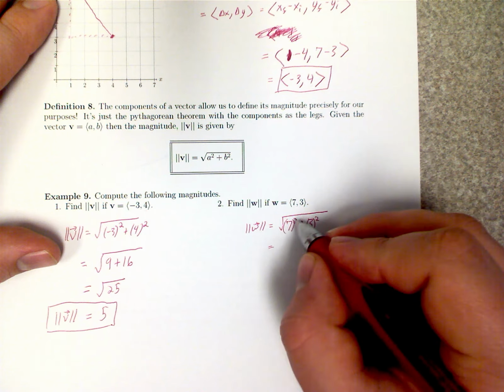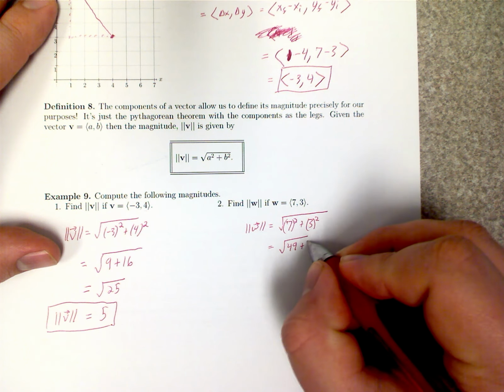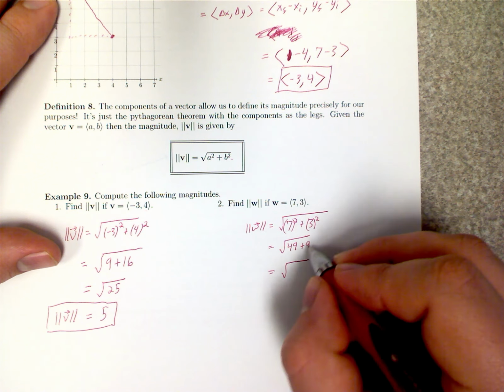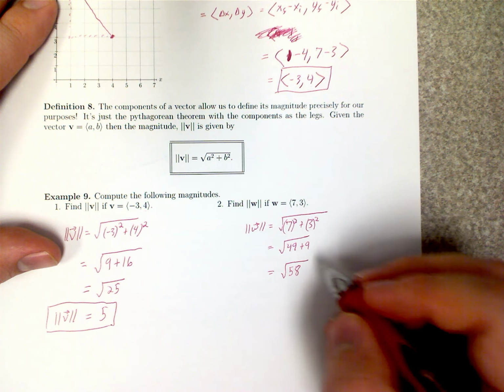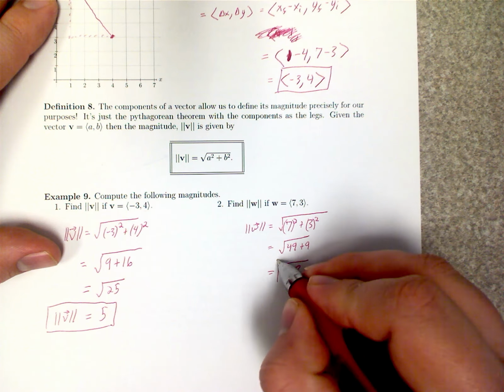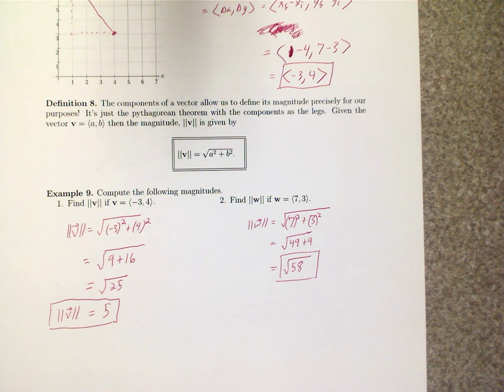But 7 squared is 49. 3 squared is 9. And 49 plus 9 is 58. And we can't simplify this square root. You could find a decimal approximation, but with the square root, that is an exact answer. And that's what we'll leave it as. This concludes the lecture on basics of vectors.